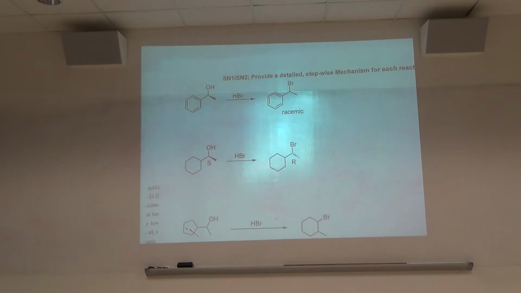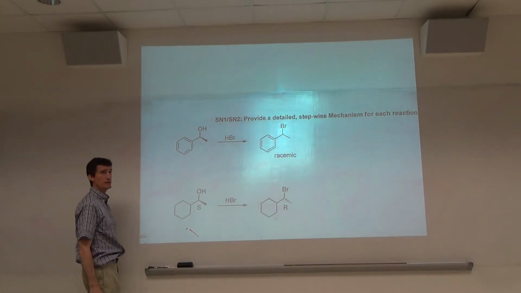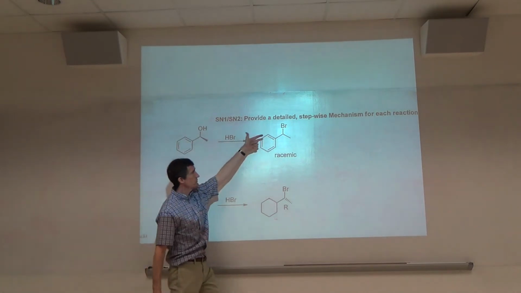Okay, on the next page, mechanisms. You can use this as practice in addition to the workbook. Lots of different mechanisms. They're all substitutions. But we need to have our mechanistic thought. Here, the OH is substituted with a bromine.